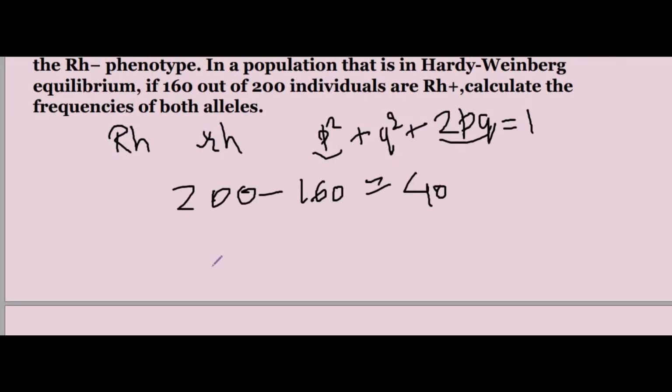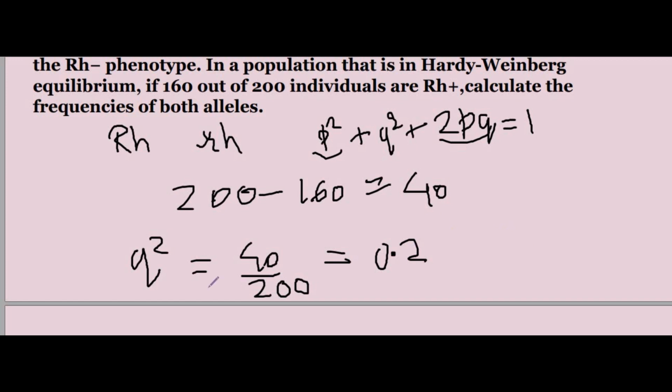So the frequency for the recessive homozygous people, q square, is equal to 40 upon 200, which comes out to be 0.2. Now for calculating the frequency of both the alleles, we have to calculate the value of q first.